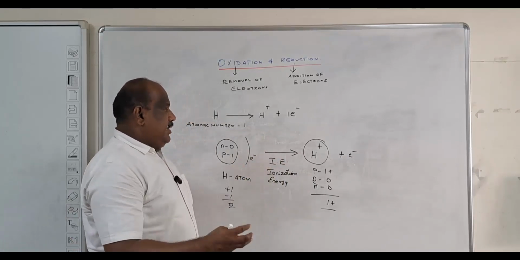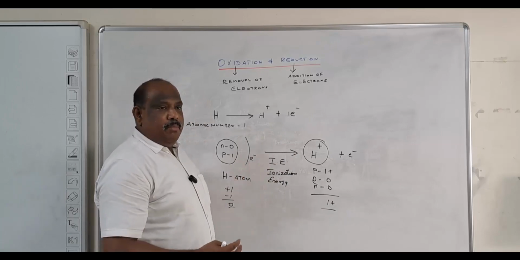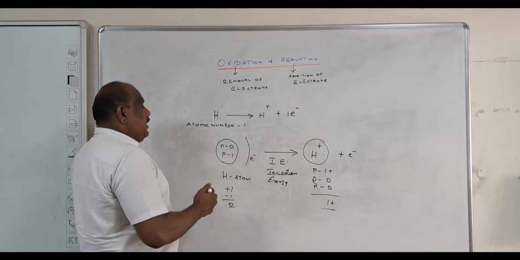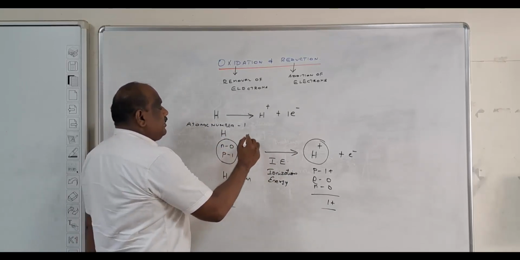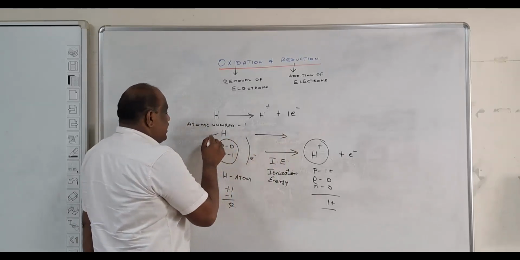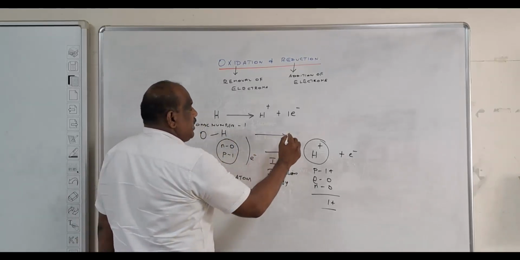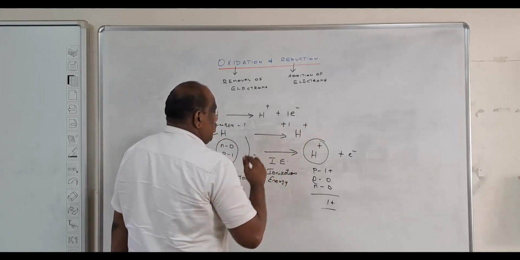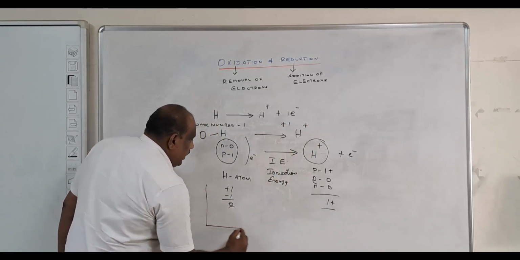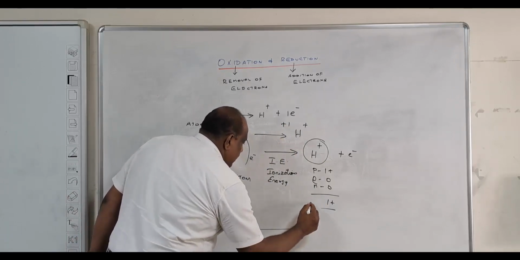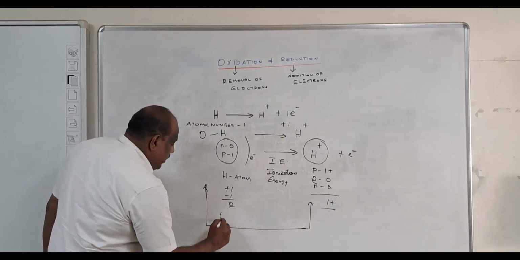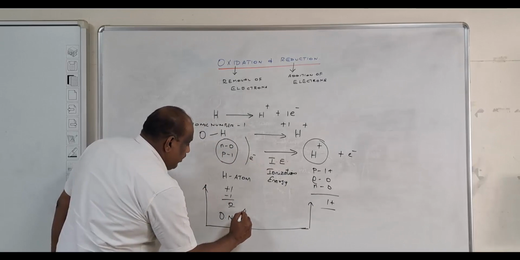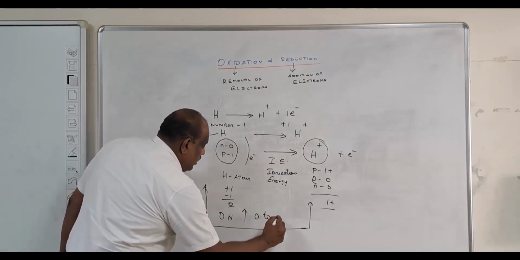That is secondary, something we already discussed. But here, the oxidation state of this hydrogen atom is 0. When it becomes H plus, the oxidation state becomes plus 1. So we can see the oxidation number increases from 0 to plus 1.